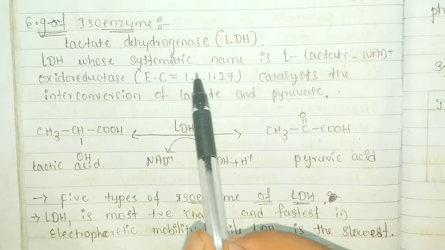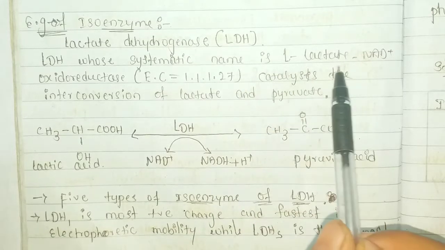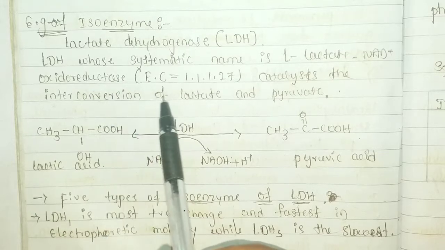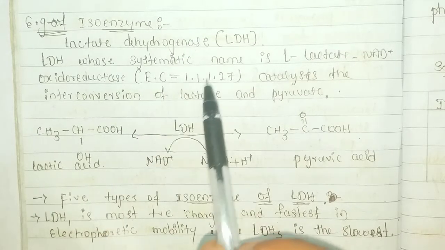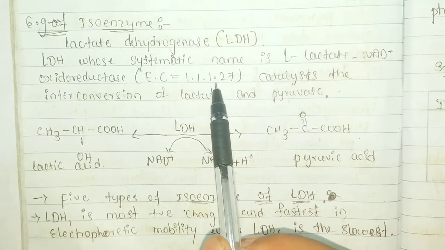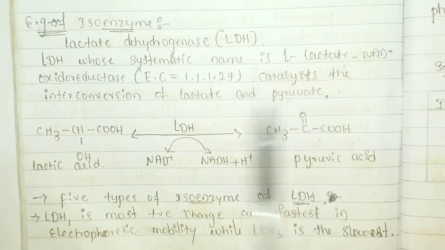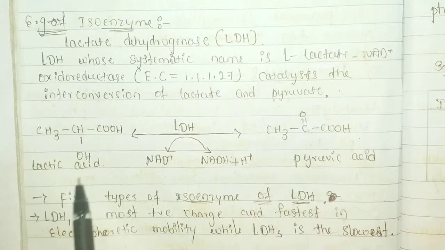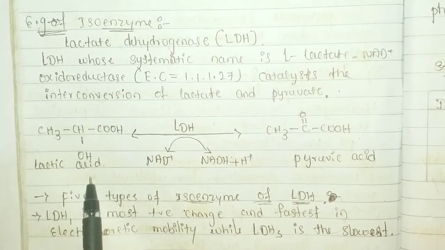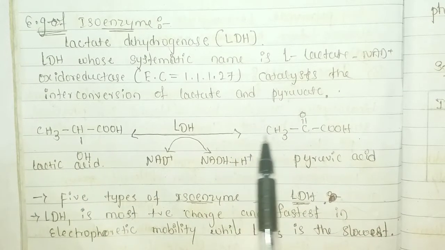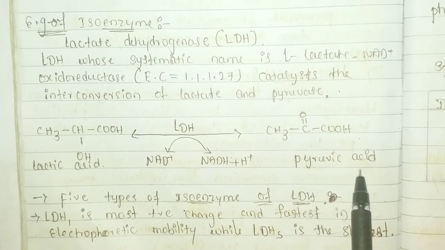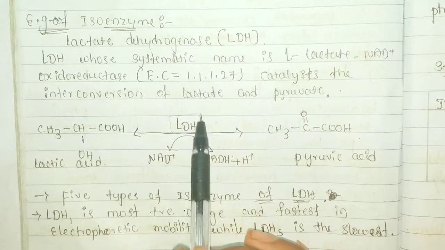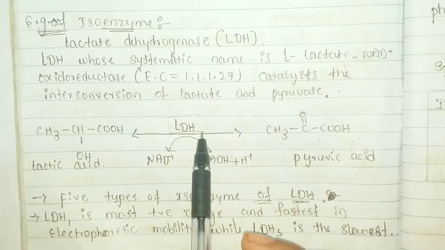LDH, whose systematic name is L-lactate NAD plus oxidoreductase, whose enzyme code is 1.1.1.27, catalyzes the interconversion of lactate and pyruvate. Lactic acid interconverts with pyruvic acid in the presence of the isoenzyme LDH.